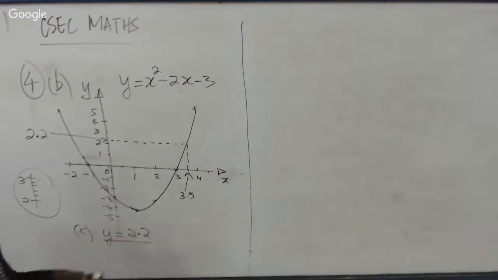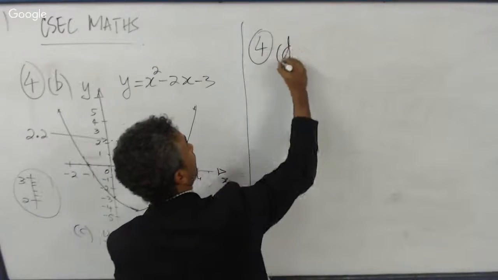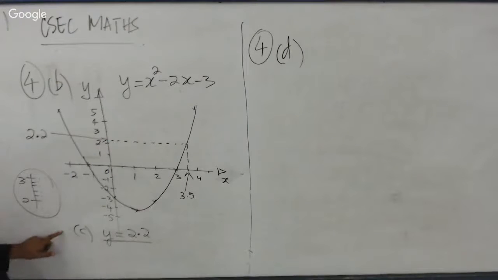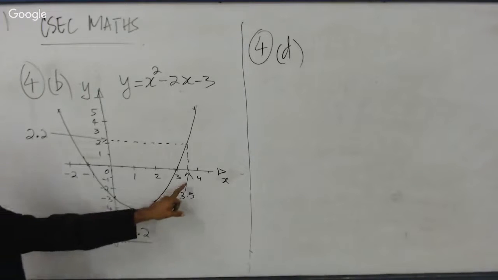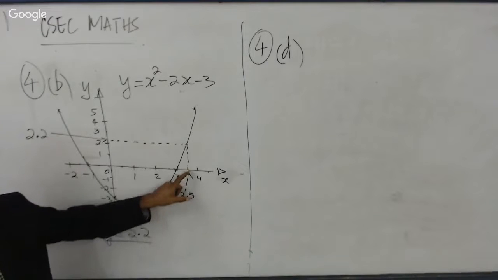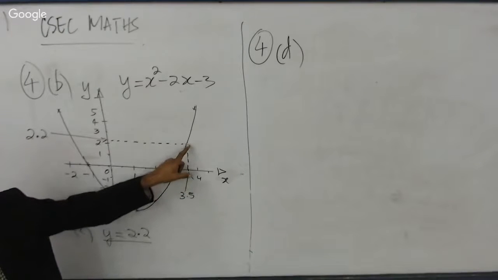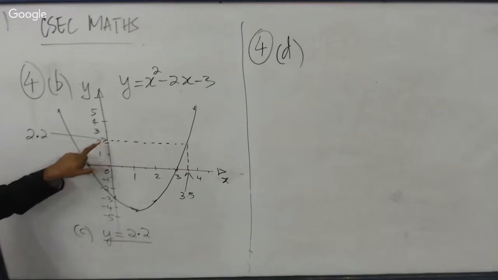Okay, 4D, A, B, C, D. The working, how do you show the working for C? Just to remind you, the working is shown by identifying. You don't have to put this arrow with 3.5, but you're drawing a line up and across, and then you're reading off the 2.2 here, or there.